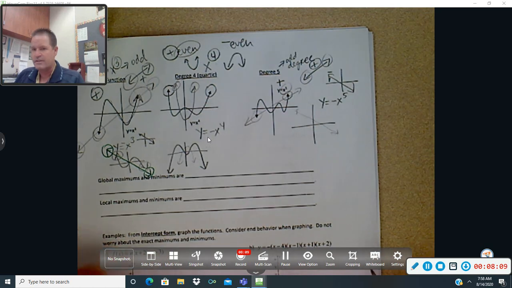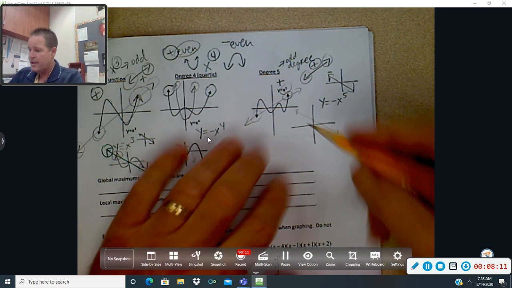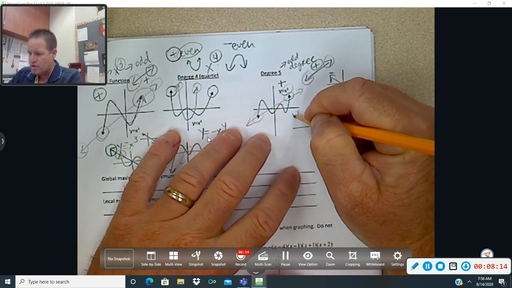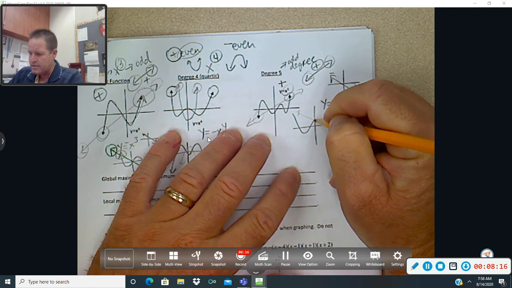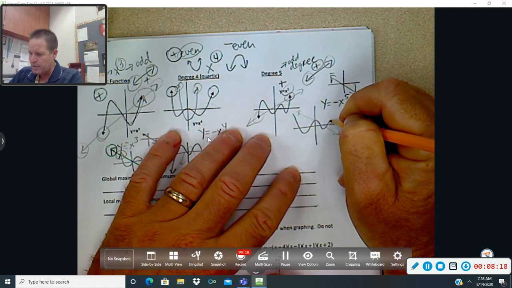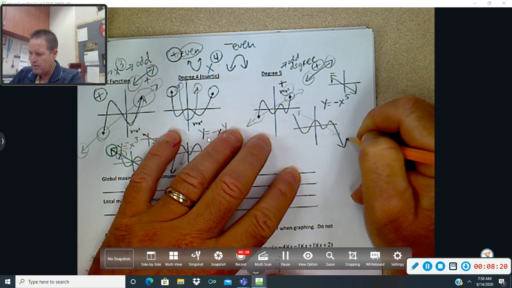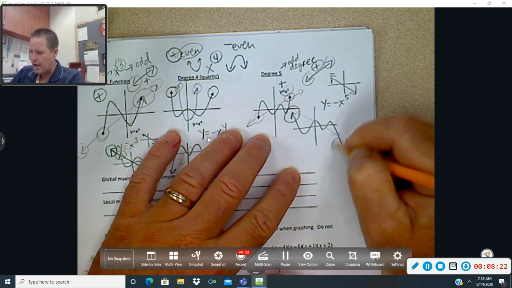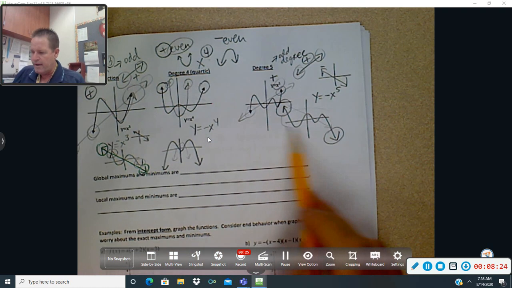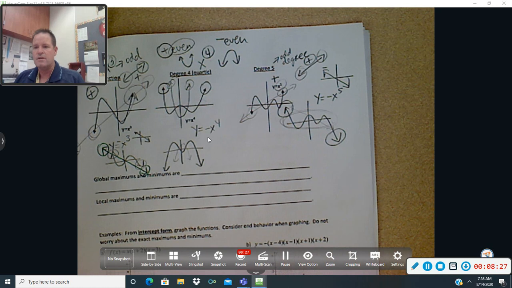So I'm just sketching it lightly there so you can see. My x to the fifth would have to start high, do its thing, maybe its thing is a couple of times, but it's got to end low. Start high, end low. And again, we've got to figure out what the do-its-thing part is that we need to look at. Okay, and we will in just a minute.